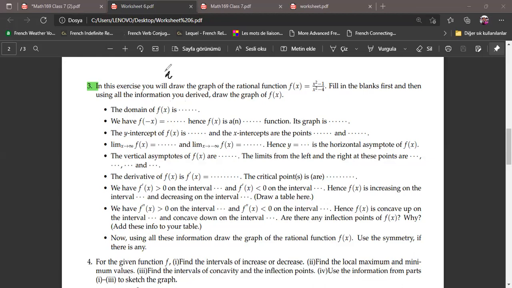So if x squared minus 4 is equal to 0, which means x equals plus or minus 2, these points make the denominator 0, which means these points make the function undefined, right? So these 2 points cannot be included in the domain of the function. So it's R except these 2 points. Okay.